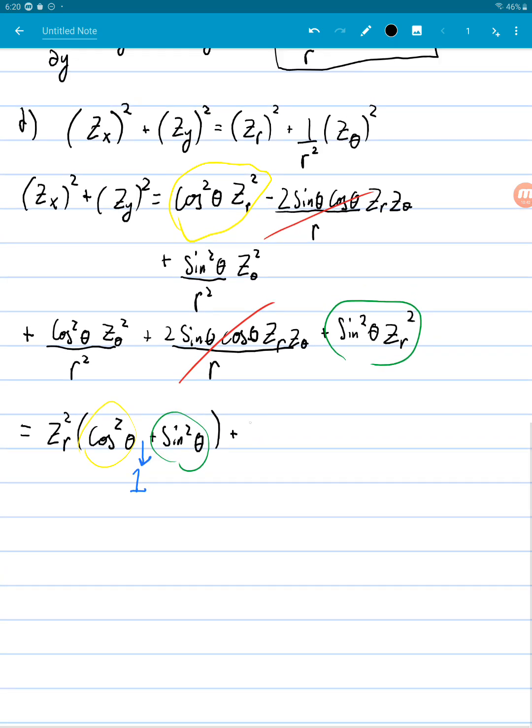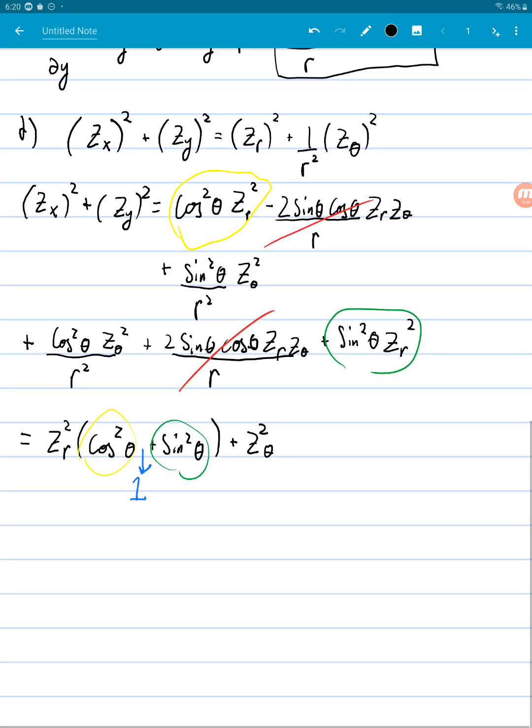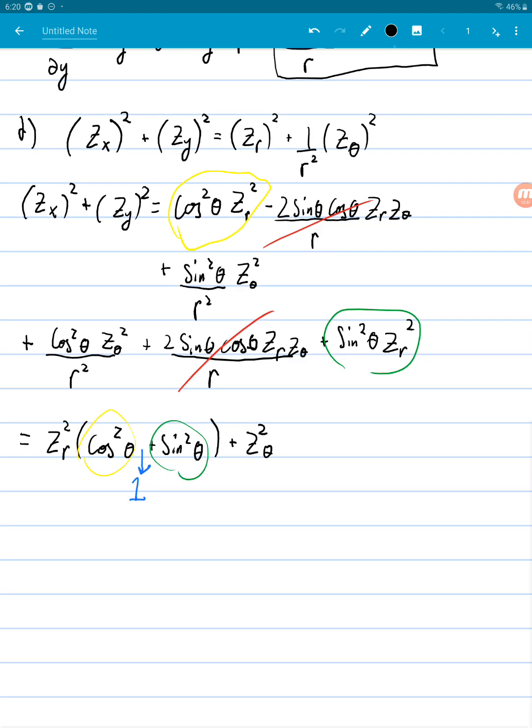Then we have plus our z theta squared terms. We'll have sine squared theta over r squared plus cos squared theta over r squared.